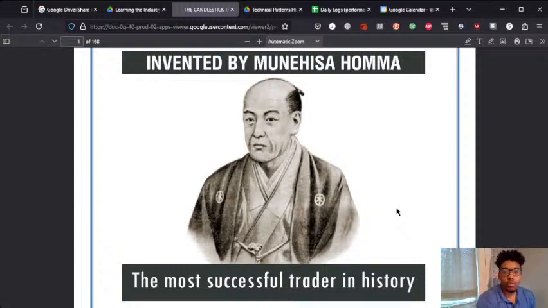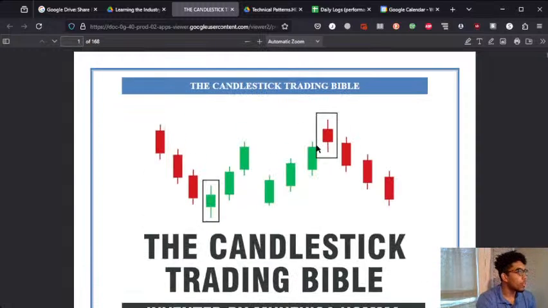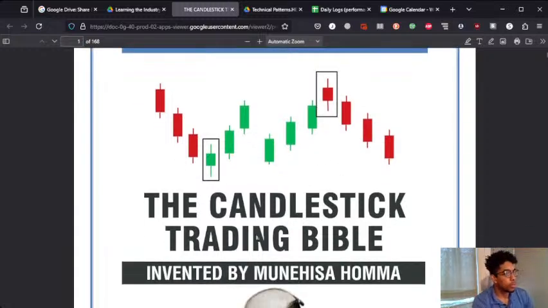One book that I'm reading through is the Candlestick Trading Bible. This gives some rudimentary indicators and patterns that you should look for.